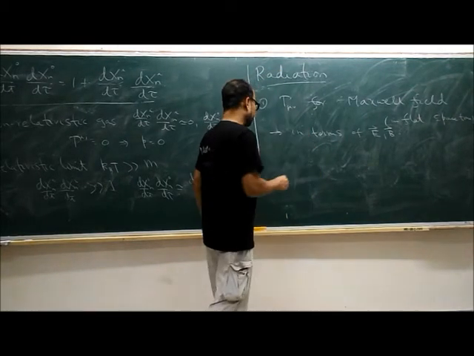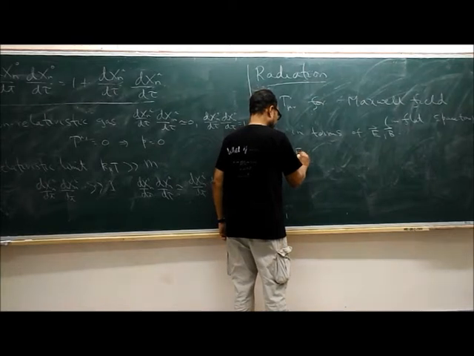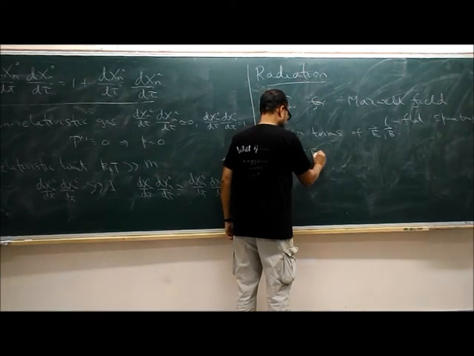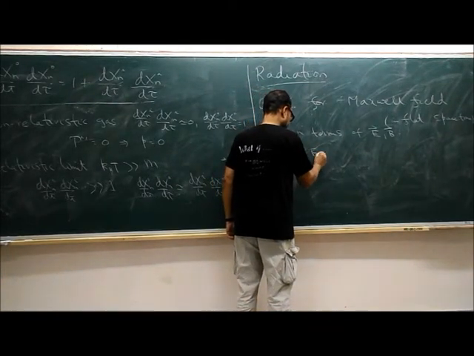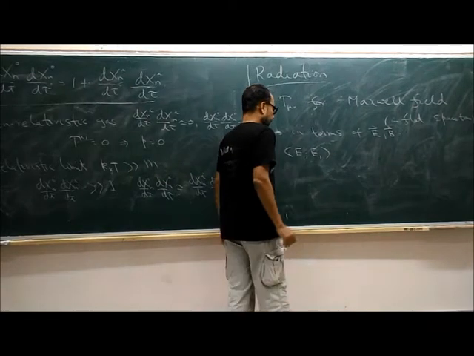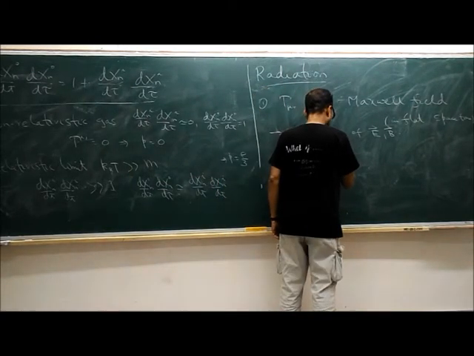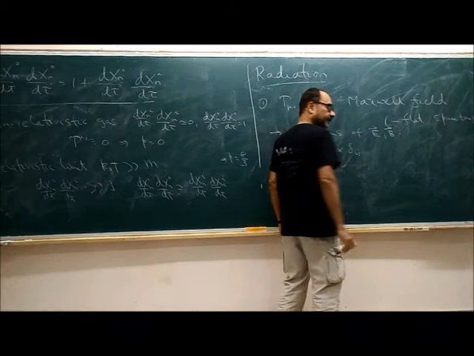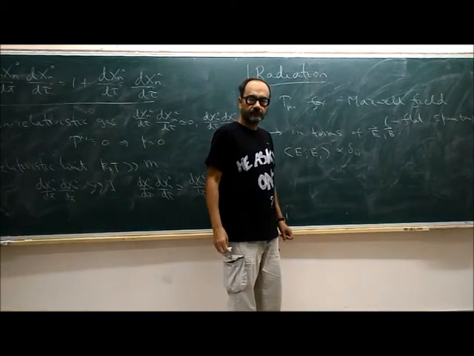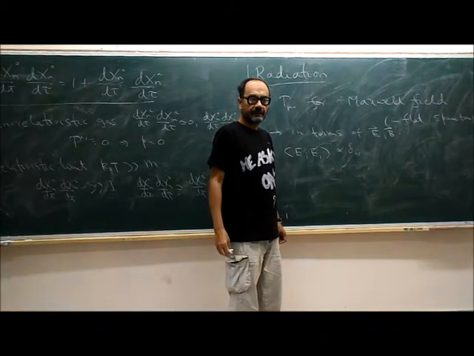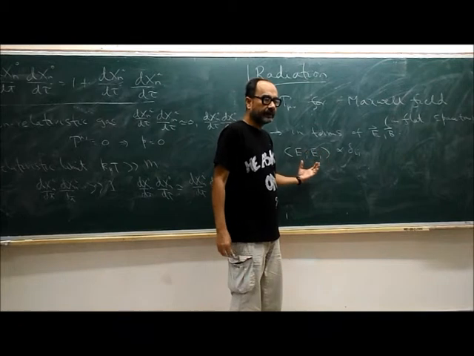So how will you take the average? You will use again this fact that E_i E_j should be proportional to delta_ij, by isotropy.